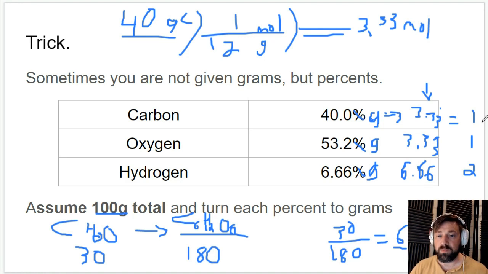For that smallest number, you're going to get a 1. For your other numbers, you might get something a little bit different. But in this case, you have 1, 1, 2. So from there, you can write out your empirical formula. Now, the empirical formula is going to get turned into the molecular formula if they've given you the molecular weight. That's going to be one more piece of information that they need to give you.